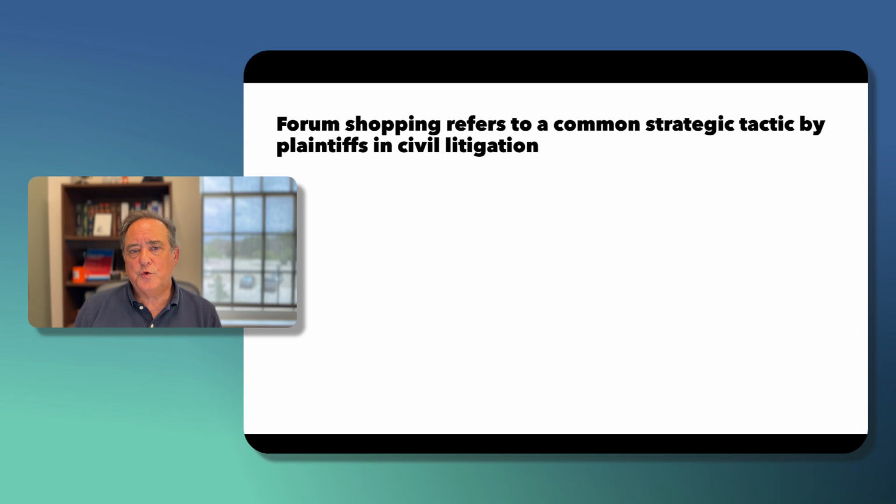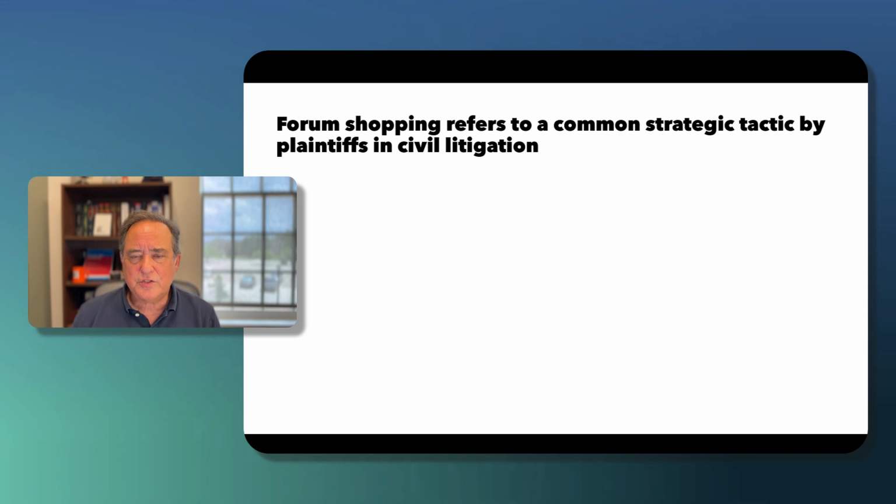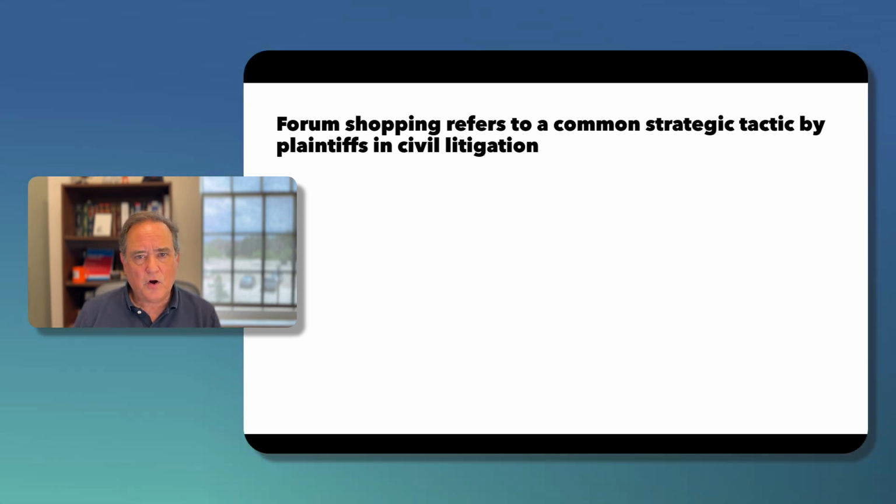And so you may file your suit there, even if it's not the most appropriate location, but if you can argue it is. So when it comes to forum shopping, we often see cases heard in a forum that really didn't involve the dispute itself.